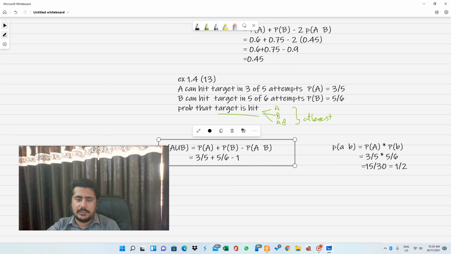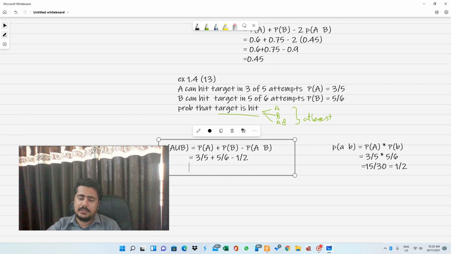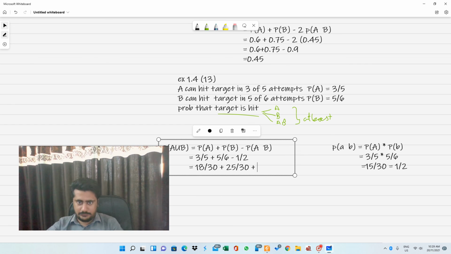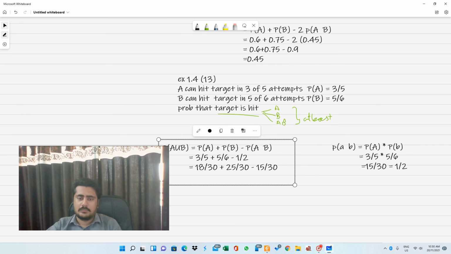So here I will be writing 1 by 2. Now take LCM. LCM will be 30 here. Take LCM 30. 5 sixes are 30, so 3 sixes are 18, 18 upon 30. 6 fives are 30, so 5 fives are 25, 25 by 30. 15 are 30, so it's 15 by 30. So it's 18 plus 25 minus 15, over 30.